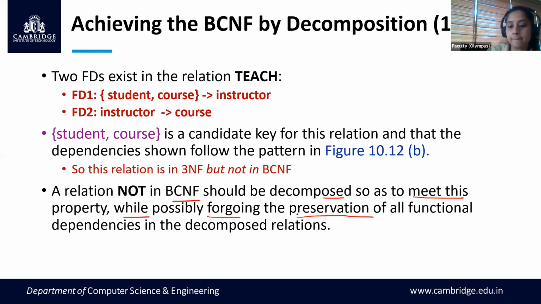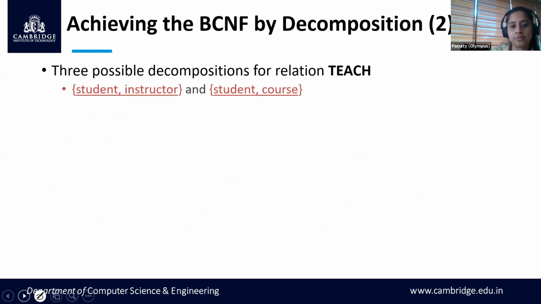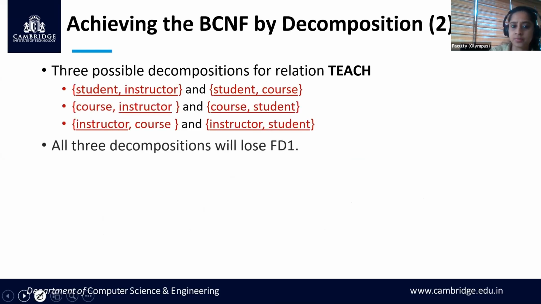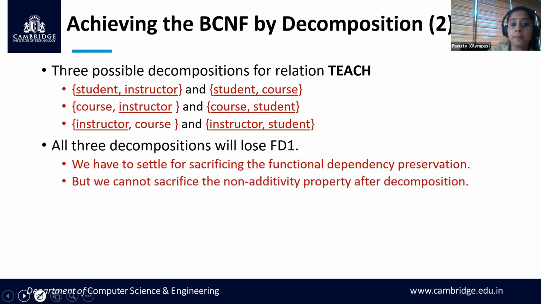I can't preserve all the functional dependencies, so I should forego the preservation. The only thing I have to satisfy is that non-additive join should be retained. At least that I should maintain. There are three possible ways of decomposition I've already discussed. Which is the better one? All three decompositions will lose FD1, correct? We have to settle for sacrificing the functional dependency preservation, but we can't sacrifice the non-additivity property of the decomposition.